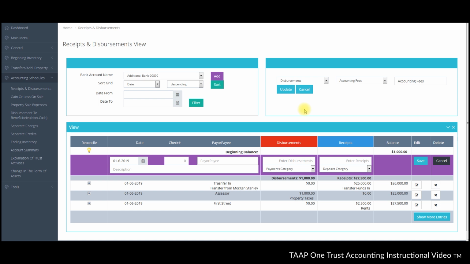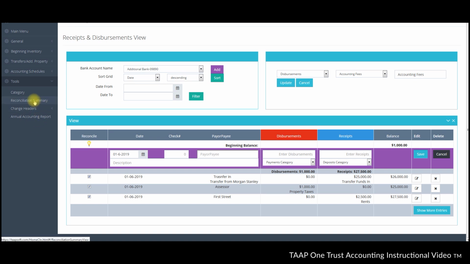Okay, so last thing is you can reconcile your bank account. We have a reconciliation feature here under Tools that's related to and connected to receipts and disbursements. And the first thing you need to do when you're preparing to reconcile your bank account is uncheck any outstanding items.